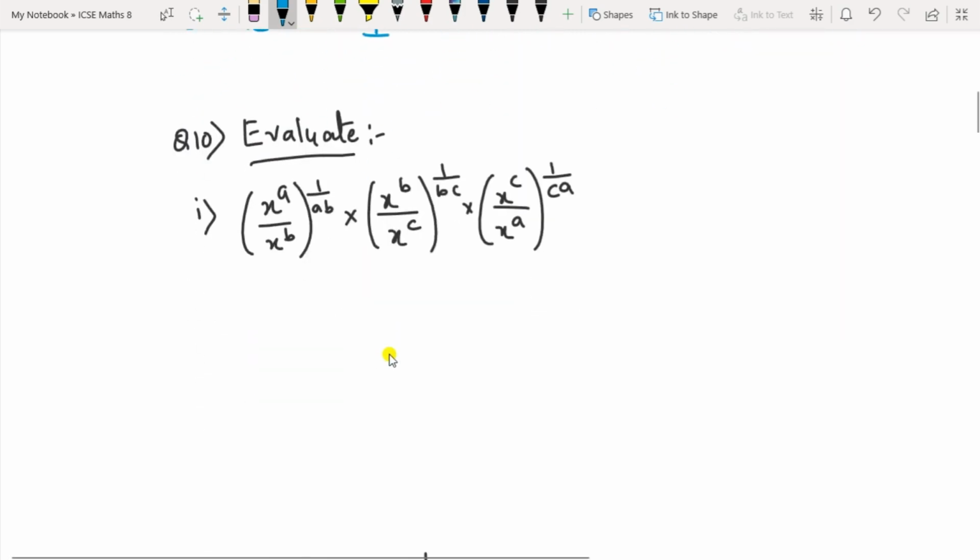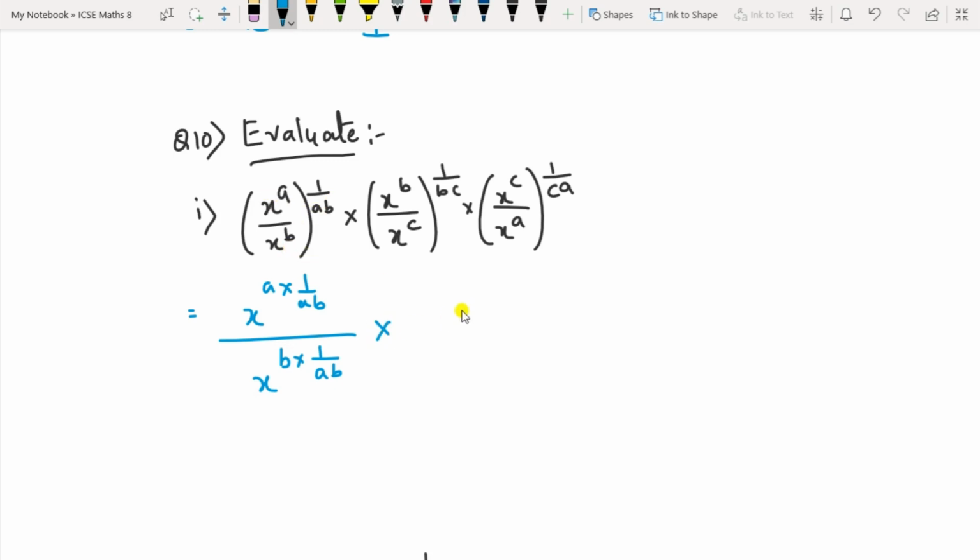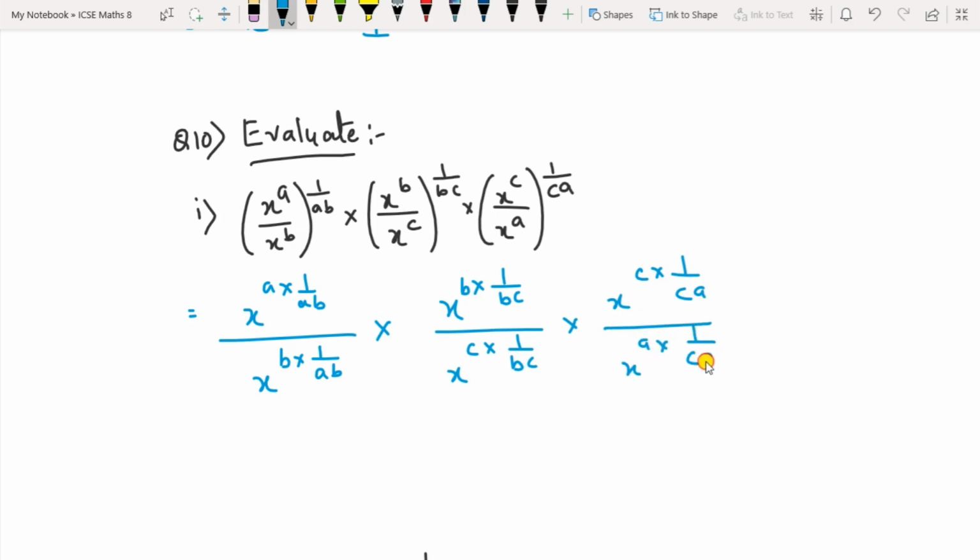Question 10 is evaluate. Bring the power inside the bracket: x raised to a into 1 upon ab, upon x raised to b into 1 upon ab. Multiply the power outside the bracket to each term inside the bracket: x raised to b into 1 upon bc upon x raised to c into 1 upon bc, into x raised to c into 1 upon ca upon x raised to a into 1 upon ca.